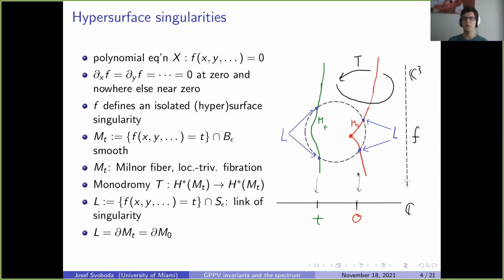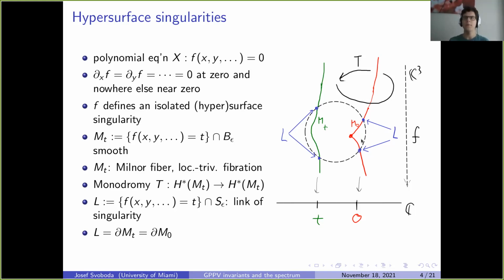And I said that we want to study the topology of this singularity. Basically, when we know this link L, we know everything about the topology, because this singular surface intersected with this little ball is just a cone over this link, which is a smooth closed manifold.